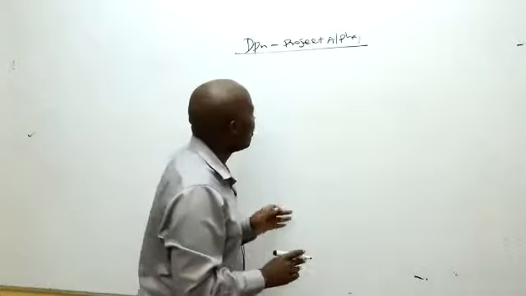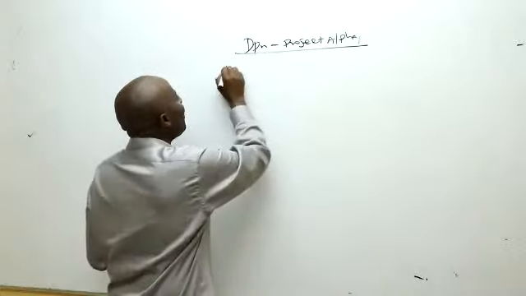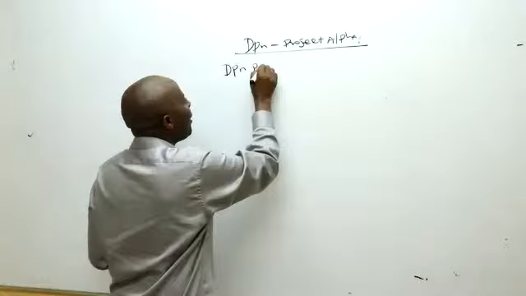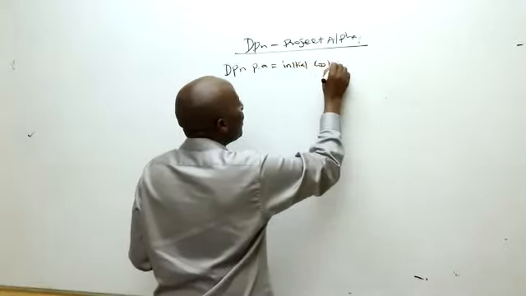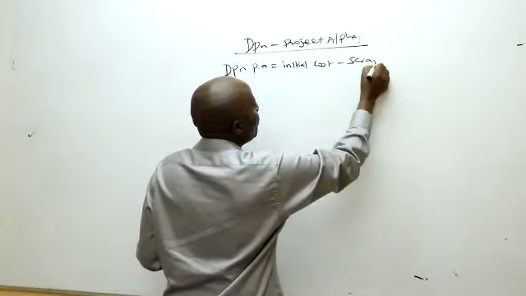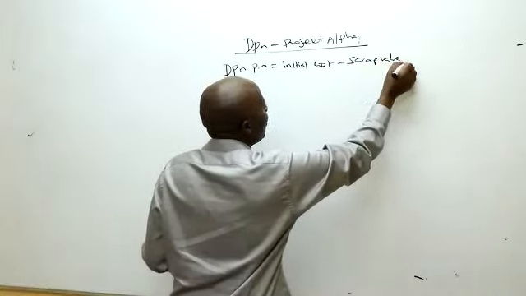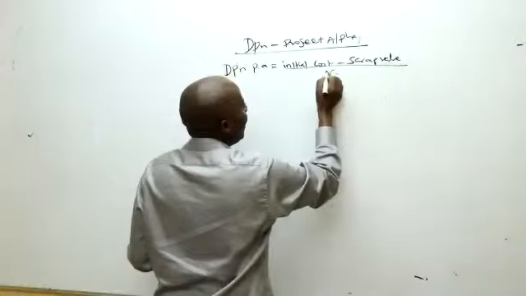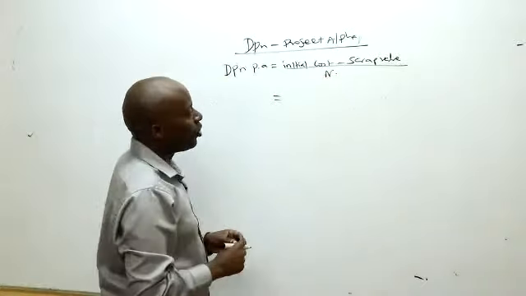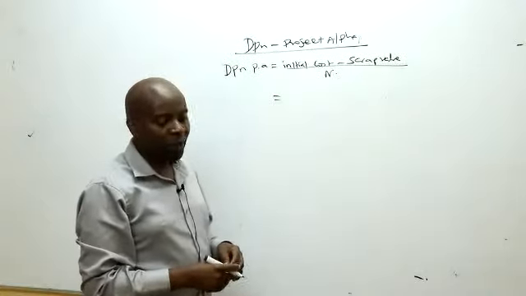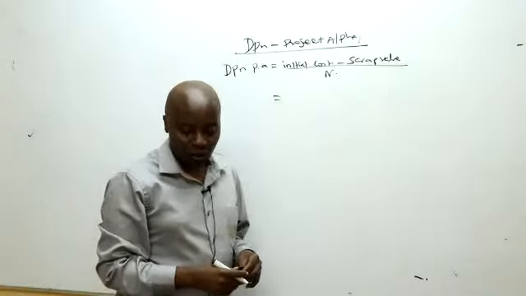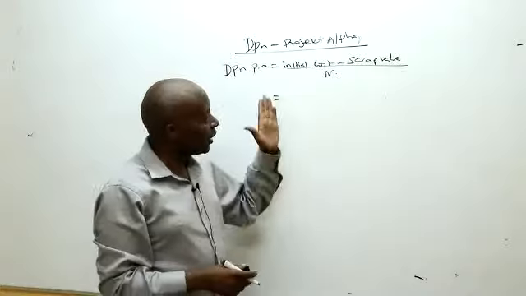So we shall use straight line method, where depreciation per annum will be equal to the initial cost minus the scrap value, all over n, the number of years.